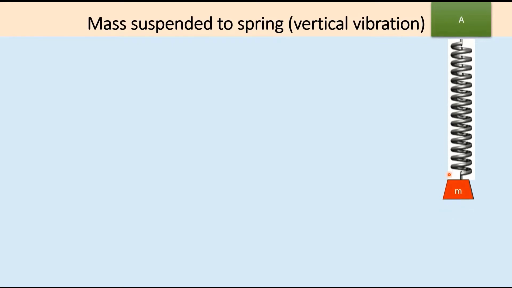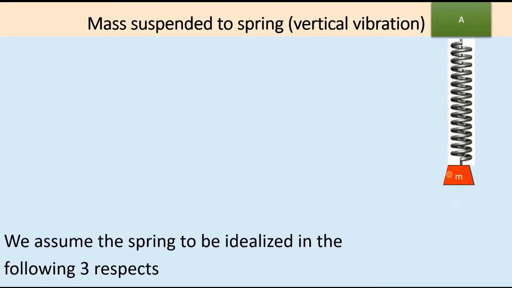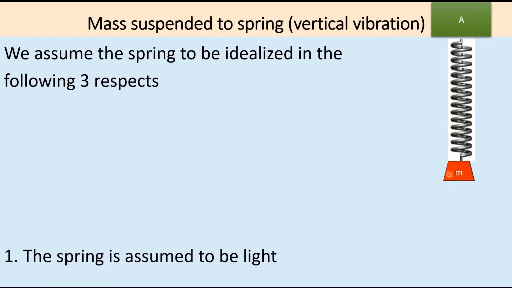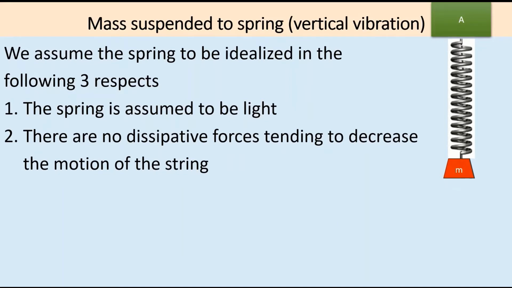So in this case, we are considering the ideal spring. The ideal spring should have the following three characteristics. The first one, the spring is assumed to be light. That is, the mass of this particular spring is neglected compared with the mass suspended here. Second one is there are no dissipative forces tending to decrease the motion of the spring.